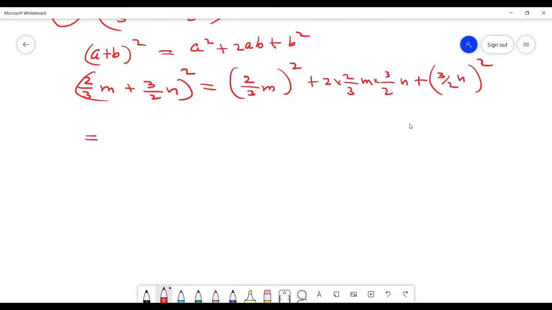So we will get 4 by 9 m square plus, 2 and 2 will get cancelled, 3 and 3 will get cancelled, so this will become 2mn, plus 9 by 4 n square. So this is the answer.